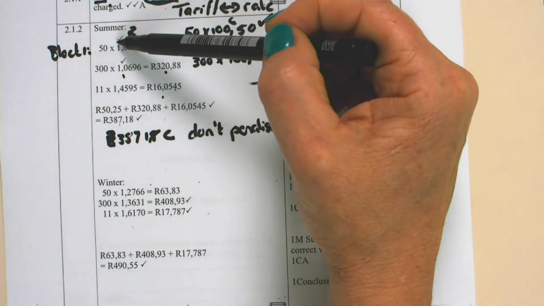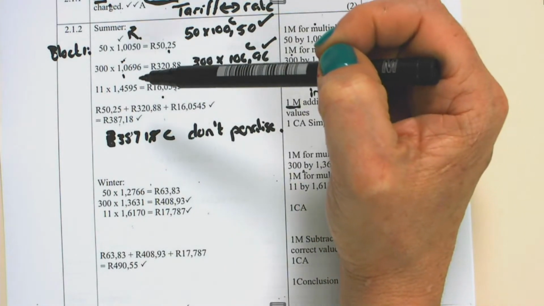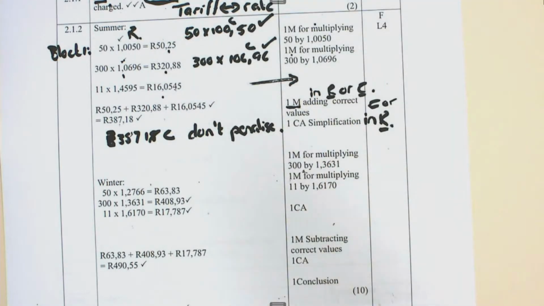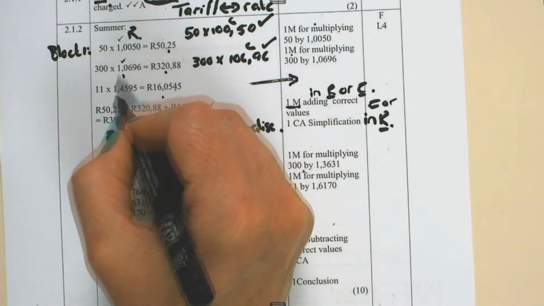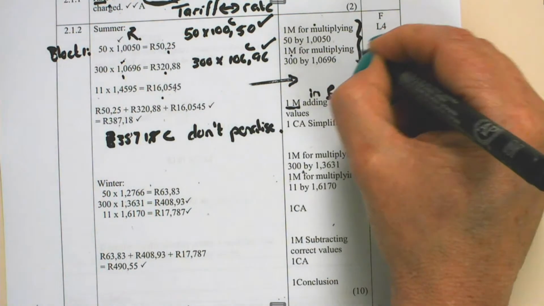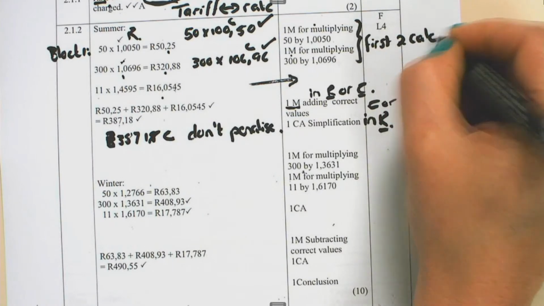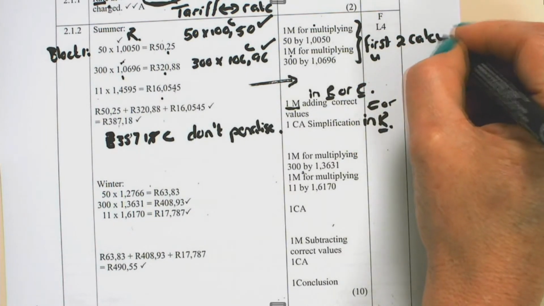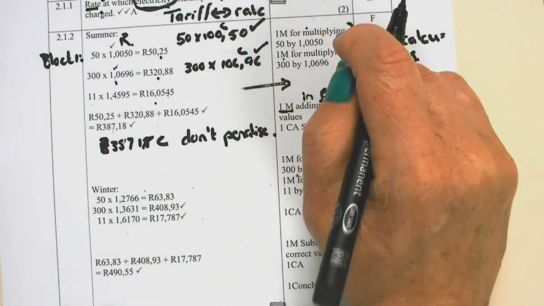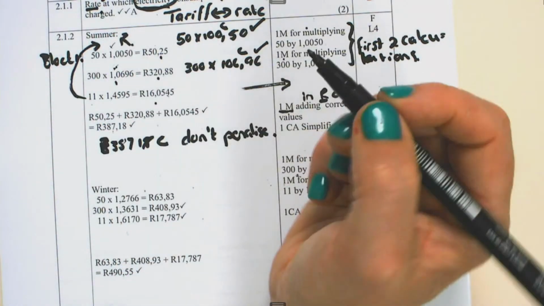You will see there are 2 marks for 2 calculations. So please, if they do this one first, you can give these 2 marks for the first 2 calculations. If they first do this one, you can give the marks for this one.